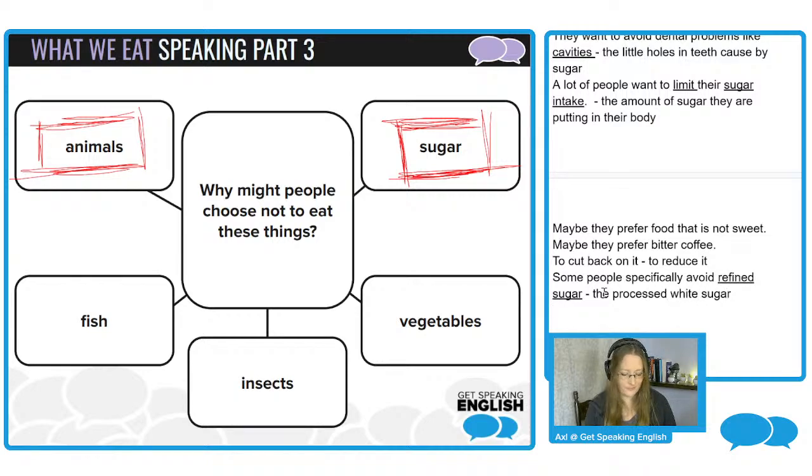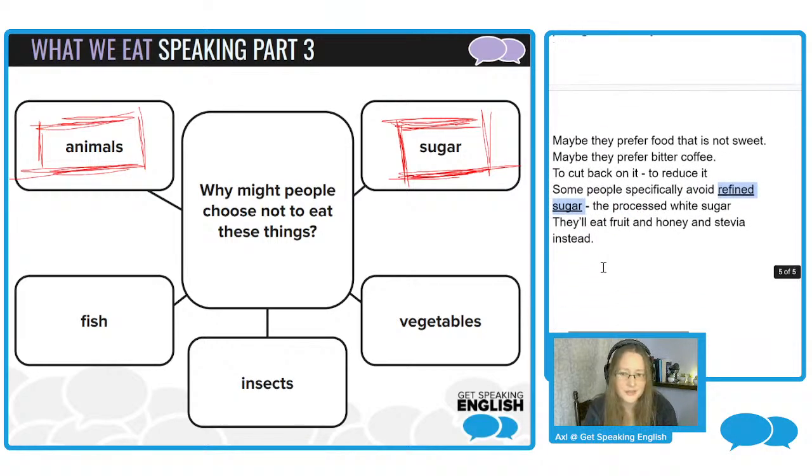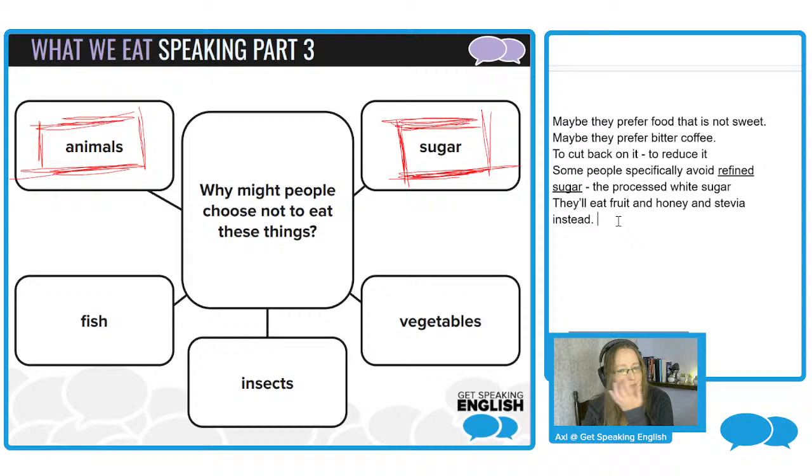So maybe they'll still eat, you know, fruit and honey and stevia instead, right? So those contain sugar, but they're not bad sources of sugar, right? I think it's typically the refined sugars that are a huge problem for people. Definitely.